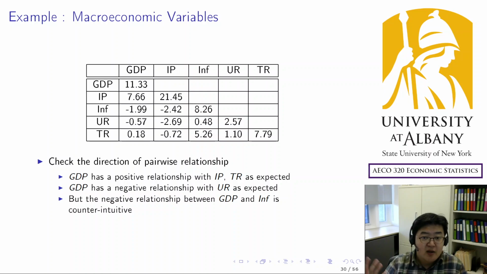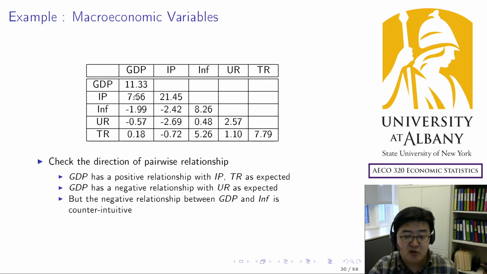For example, rational expectation theory for the inflation was one nice explanation of this seemingly negative correlation coefficient. Anyhow, that's macroeconomic discussion, so I'm not going to go in detail, but you know how to use this matrix, right?